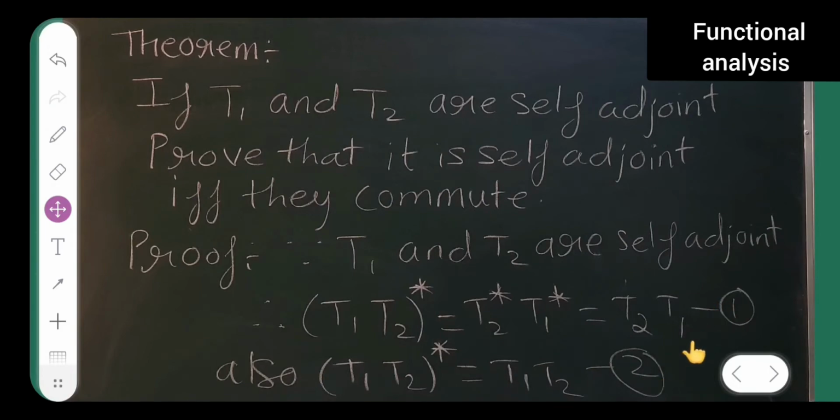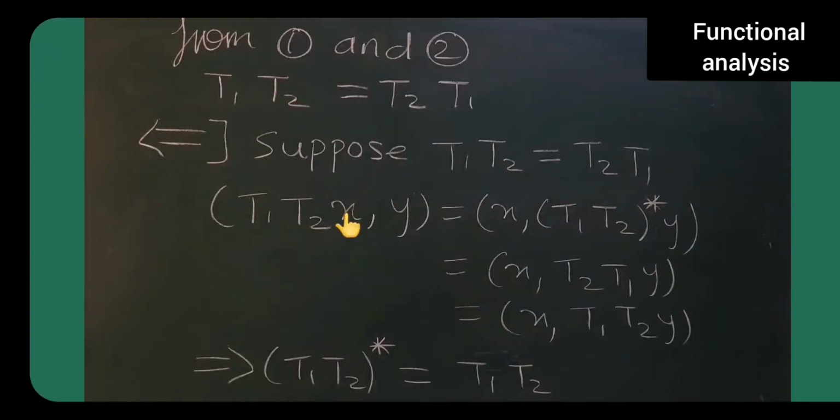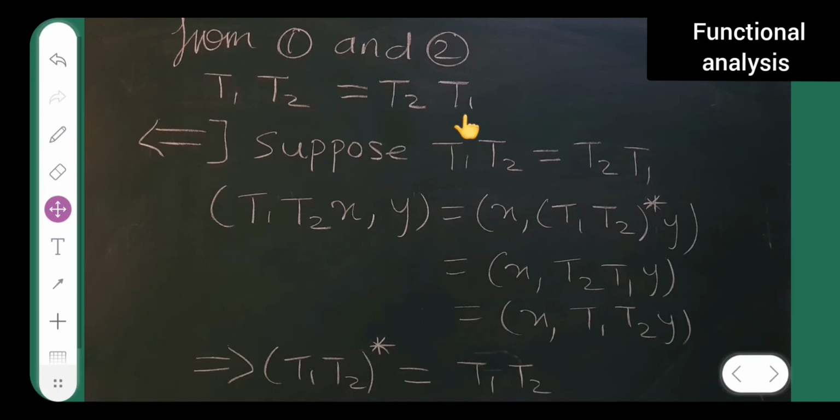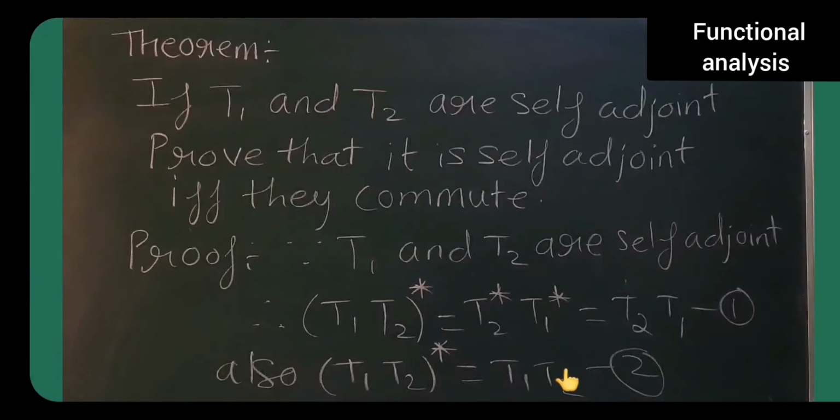Now from 1 and 2 I will get T1 T2 is equal to T2 T1. So we showed that they commute, right?